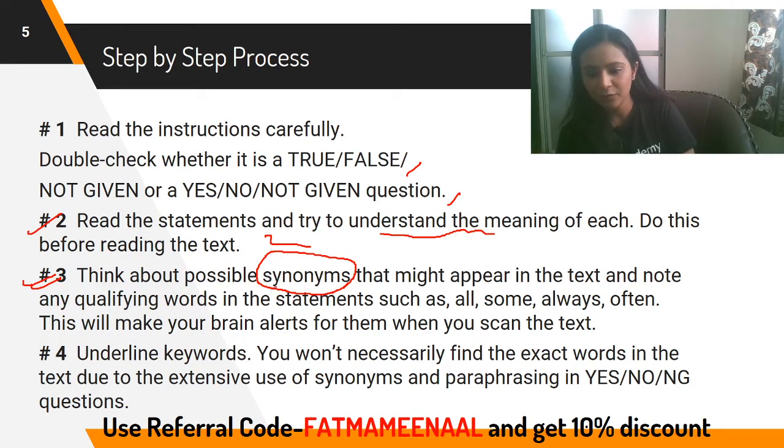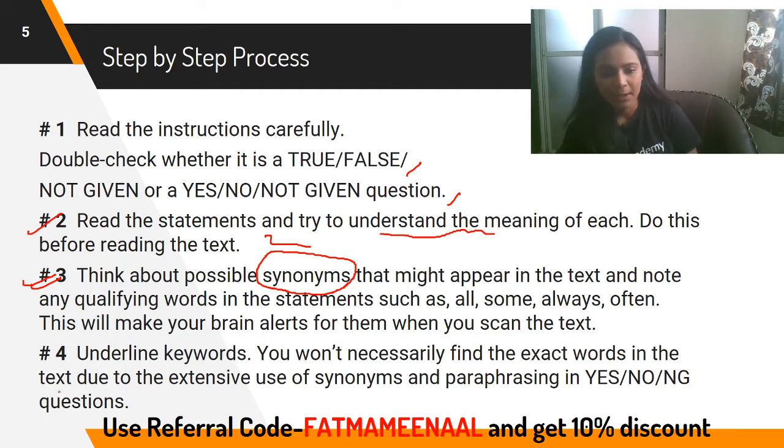You have to think about, maybe it could be just a synonym, or maybe it could be a paraphrased version. So quickly you need to think about those things in your head. Okay? So as Shivani was telling earlier, finding synonyms is very, very important in your reading module.